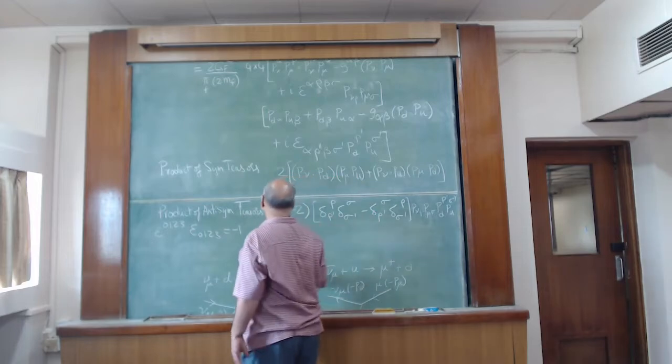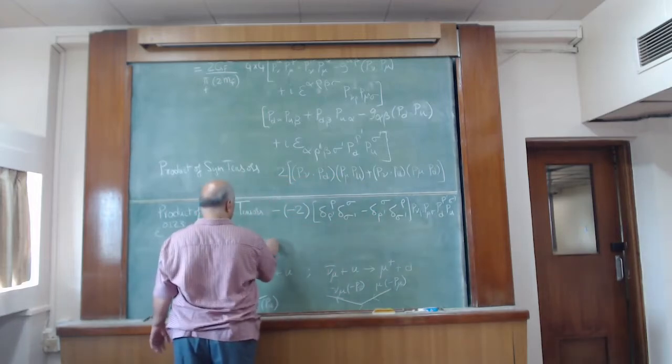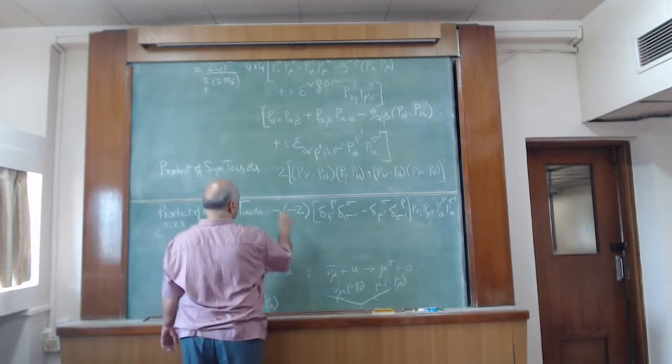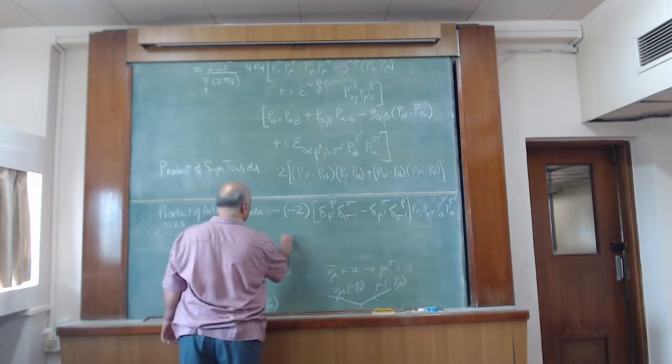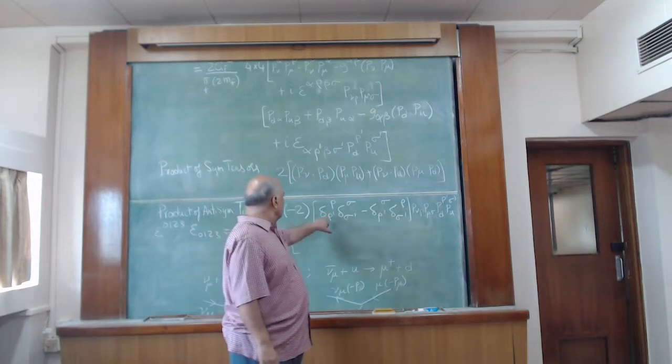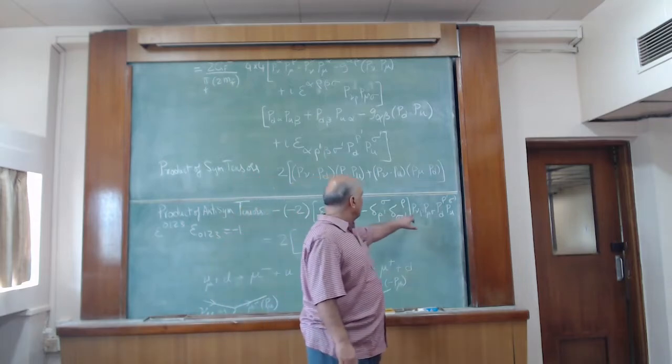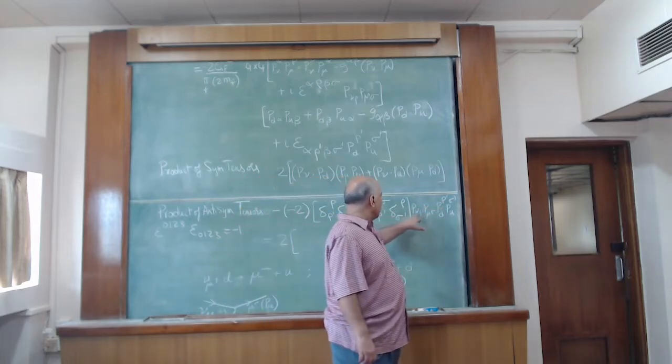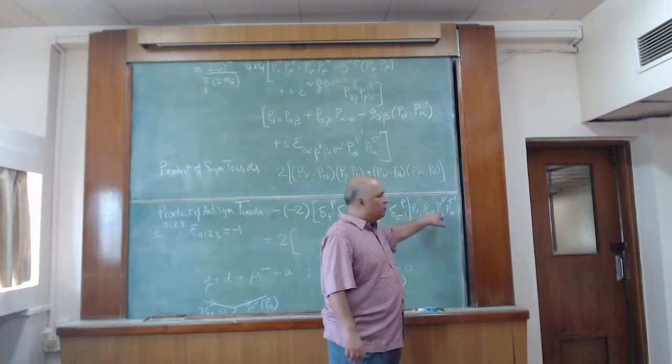So the product of the antisymmetric tensors, minus times minus, is giving me 2 times delta rho prime. So rho is the same as rho prime, so I get a dot product of P nu with PD.